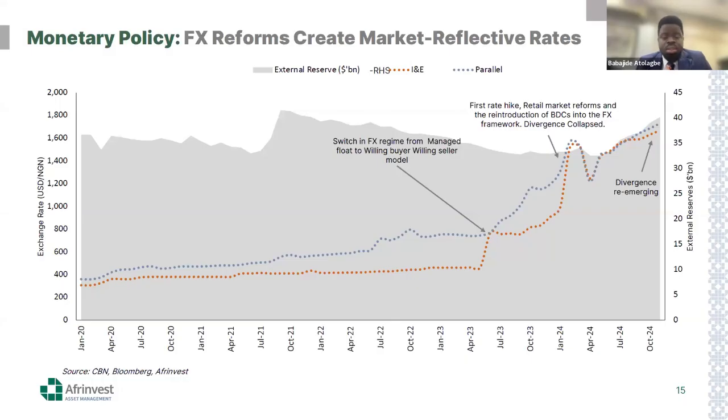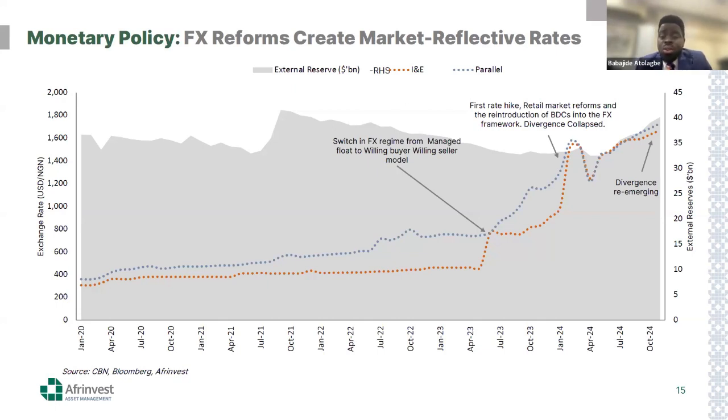Speaking of monetary policy as it relates to the FX market, yes, we know how this year has been in terms of the government trying to ensure we have a market reflective, unified exchange rate. And of course, we anticipated that the effect of that will mean that the naira will continue to trade based on supply-demand dynamics.